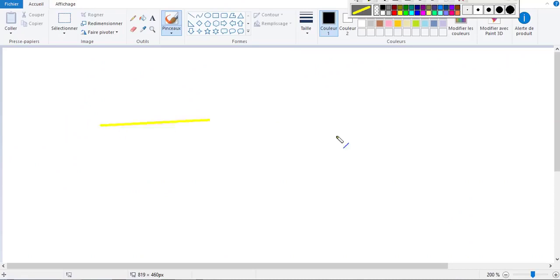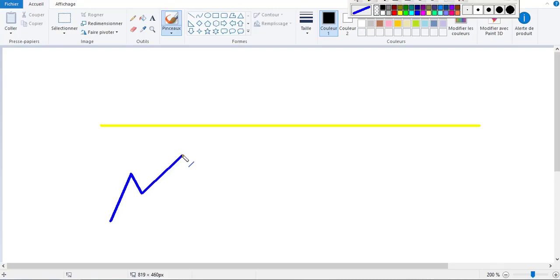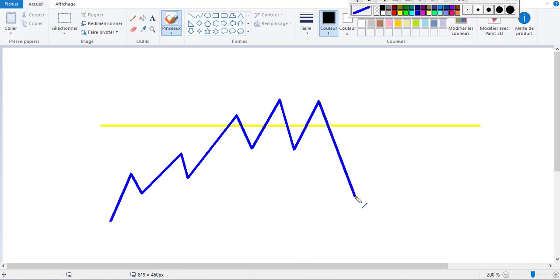So let's say my resistance is here, and we have the price. Make it in a blue line, go up, and in the middle we have the 13 EMA.